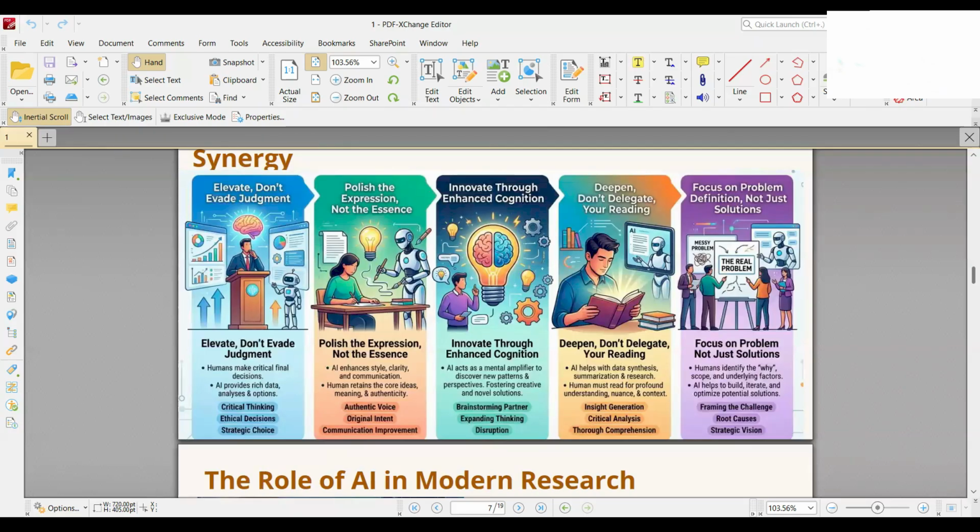While AI serves as a fantastic tool for initial research and synthesizing data, you must still read and reflect to grasp the deeper context. Deep reading fosters thorough comprehension and sharpens your own critical analysis skills.